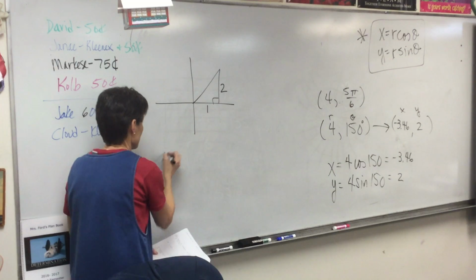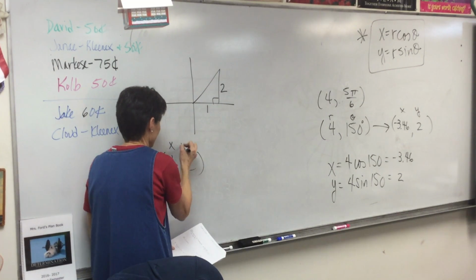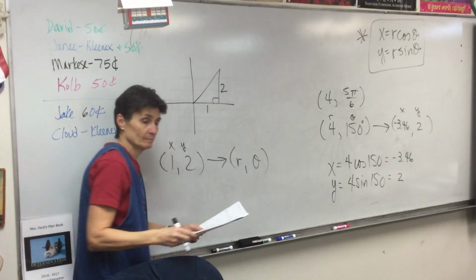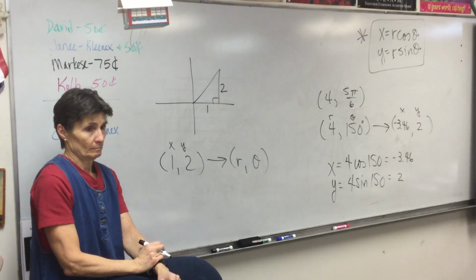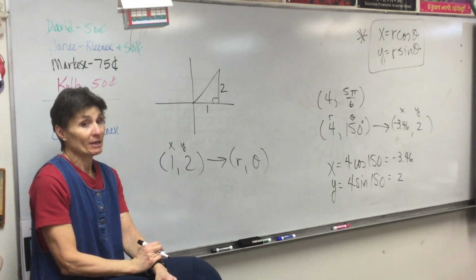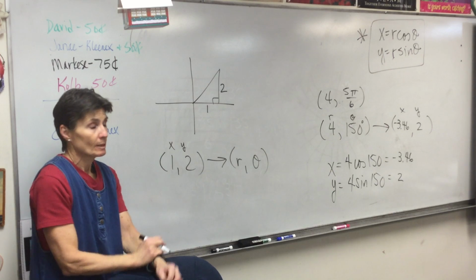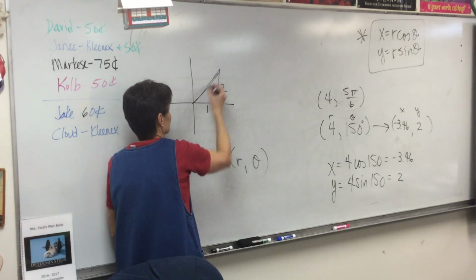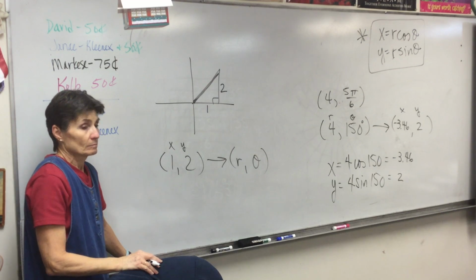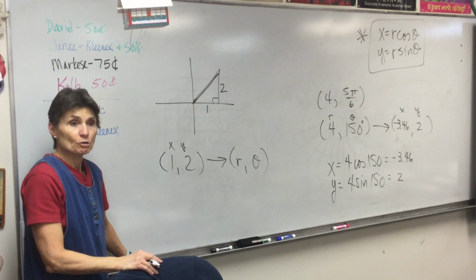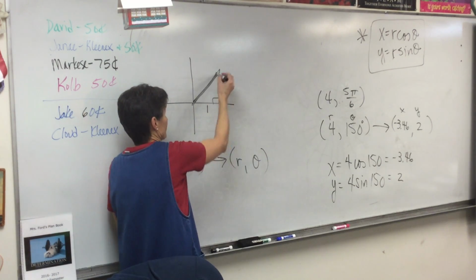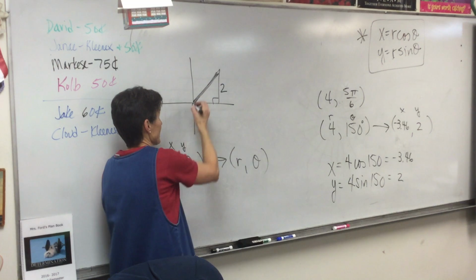This is x comma y. And you need to find an r and a theta. This isn't quite so easy, but you already know how to do it. This is r. Yeah, it's your magnitude. r is the same as the magnitude. So what's that length?